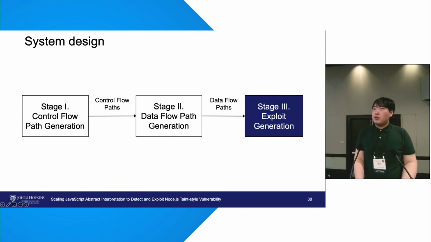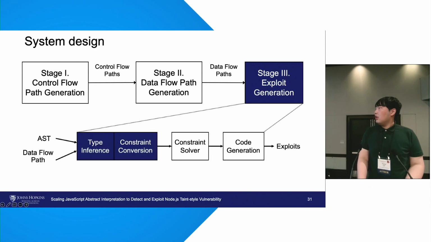Now we talk about stage 3, exploit generation. In this stage, we convert the data flow path to constraints. In other words, we reconstruct the operations from the data flow path. We use type principles here because JavaScript is weakly typed, but the constraints are strongly typed.